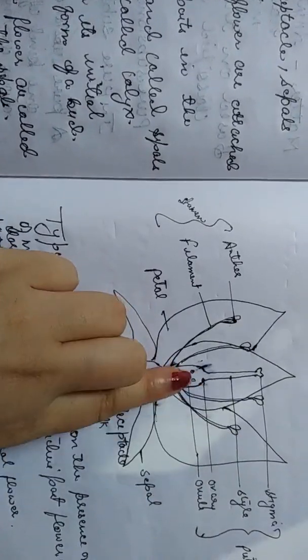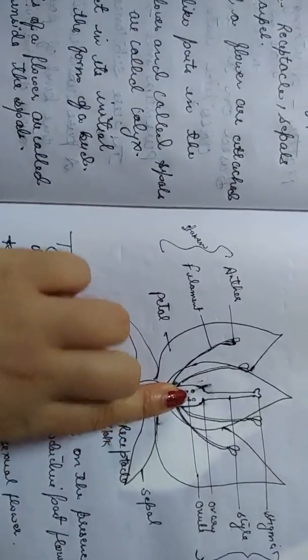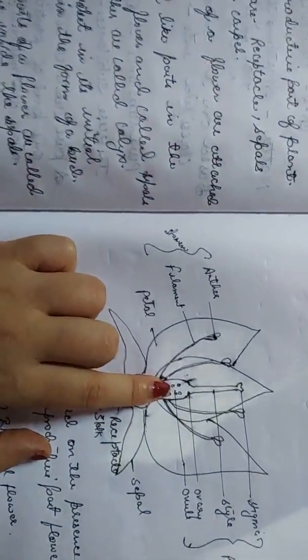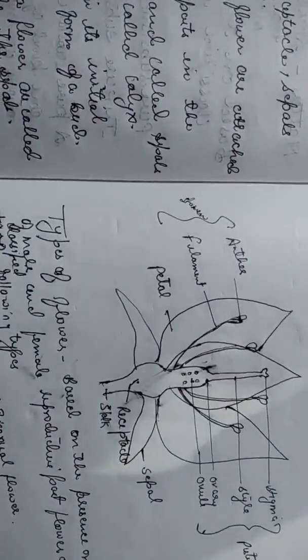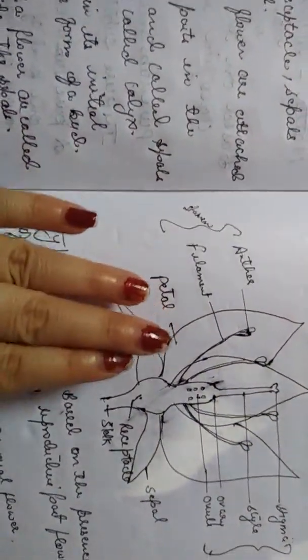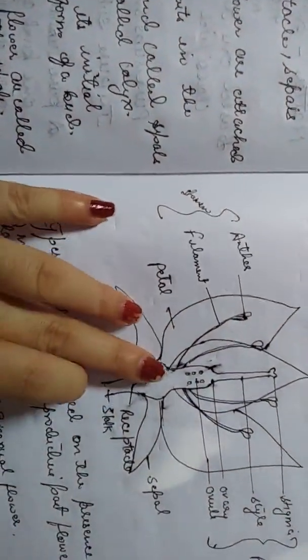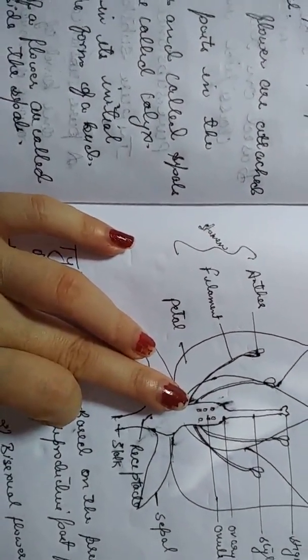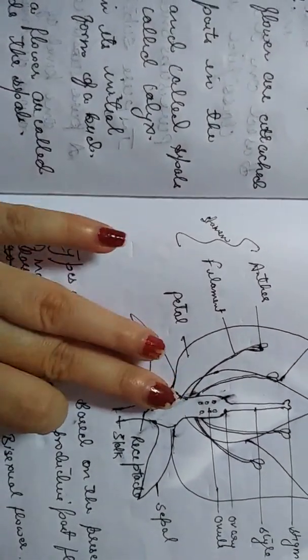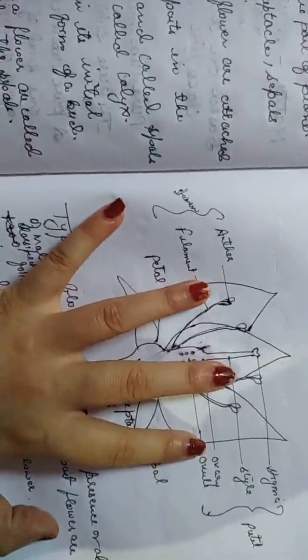Ovules contain the female gametes of a plant. The female gametes or female sex cells of a plant which is present inside the ovule is called ovum or egg. So this is about the parts of a flower.